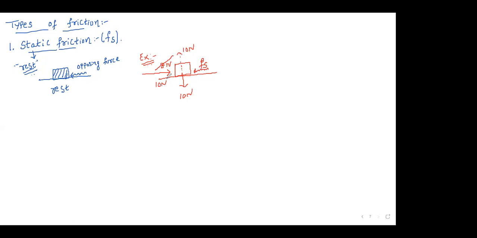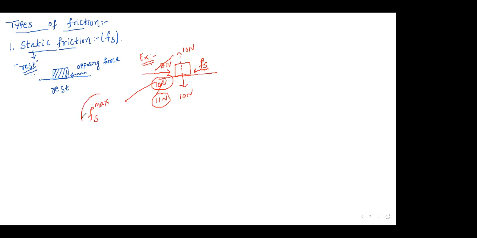Now, instead of 8 Newton, if I apply 10 Newton, what happens? Will not move, sir. The body will not move, but it is ready to move, no? It starts to move. If I apply 11 Newton, the body will move, right? Yes, sir. So this 10 Newton is called the maximum static friction.